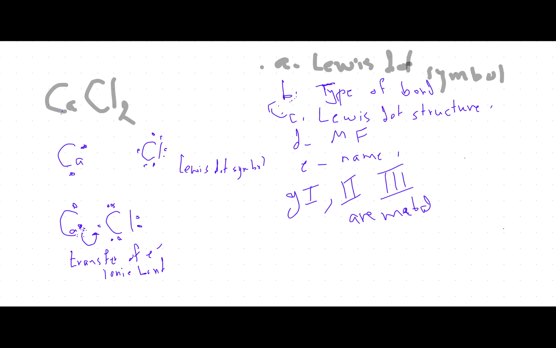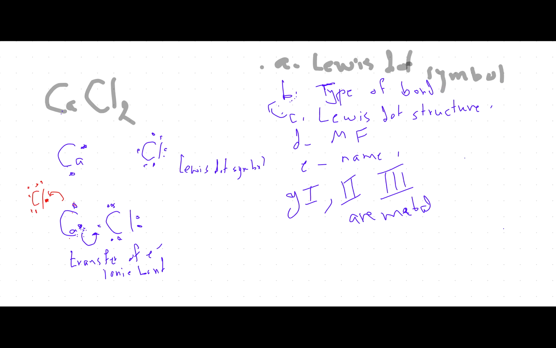But calcium still has this other one. So what will happen? It will search for another chlorine in the medium. I will leave this one unpaired, and this one will come to it. So now calcium lost 1 here and 1 here.